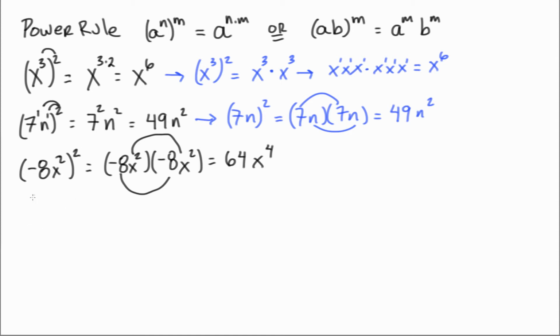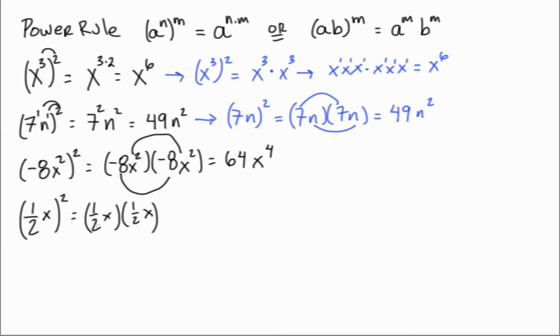And sometimes you have something like a fraction, like say 1/2 x quantity squared. Again, you can rewrite this. You can say 1/2 x, that's one factor. 1/2 x, here's the next factor, because you have 2 factors of half x.